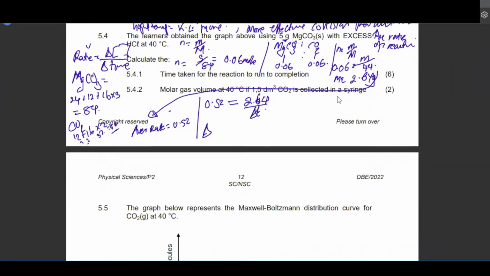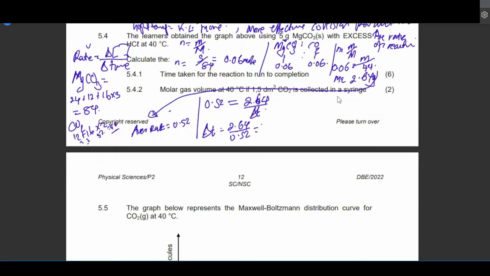Which gives me change in time is gonna be this divided by this, which is 2.64 divided by 0.52, which gives me around 4 point something.